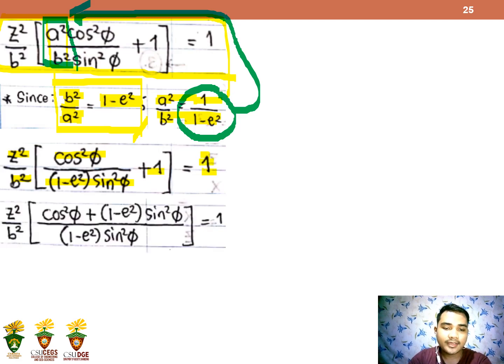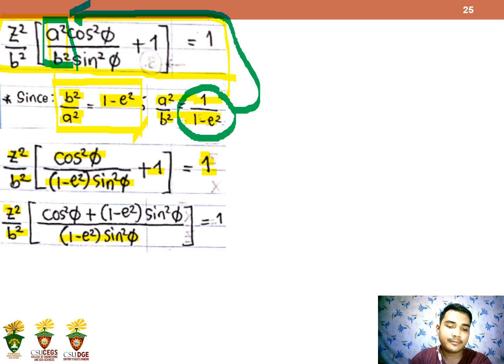Now, by mathematical manipulation, we have z squared over b squared. Simple fraction solving: we find the least common denominator.